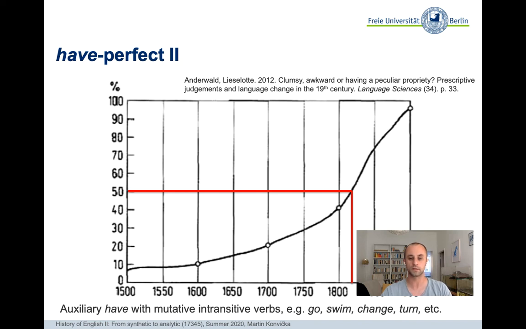Approximately in the first half of the 19th century, we reach the 50% mark, where half of the verbs are used with have and half with be, and later on the auxiliary have basically becomes the default auxiliary. And there are only very few examples when we don't use it. Okay.